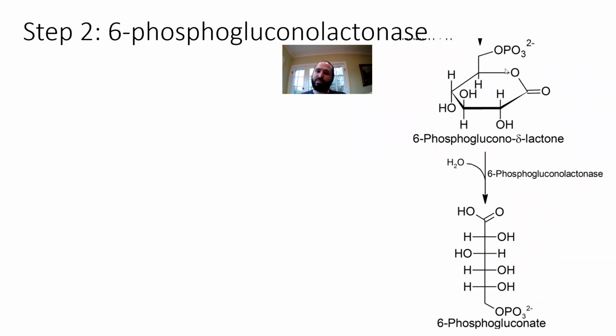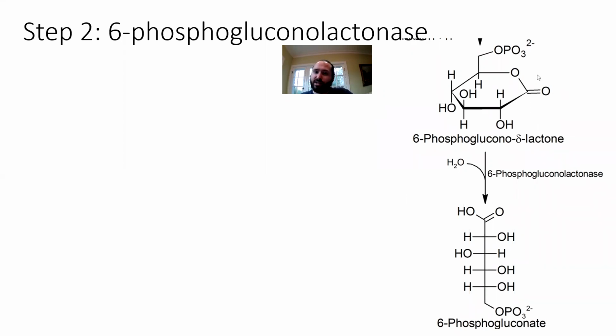And this should make sense because how do we make an ester? What are the two reactants in a Fischer esterification, for instance? It's alcohol and carboxylic acid, maybe. Yeah, the two reactants of a Fischer esterification are an alcohol and a carboxylic acid.